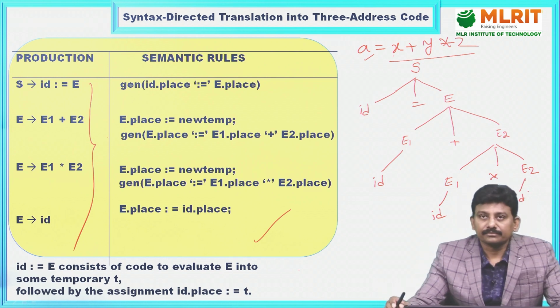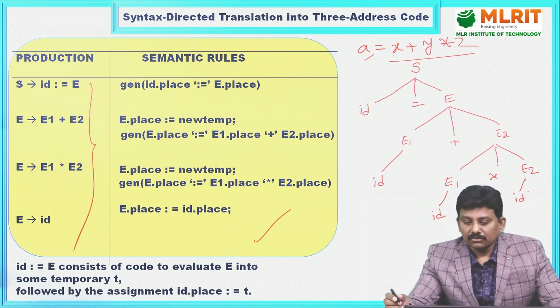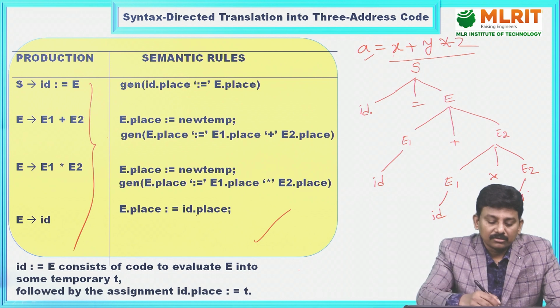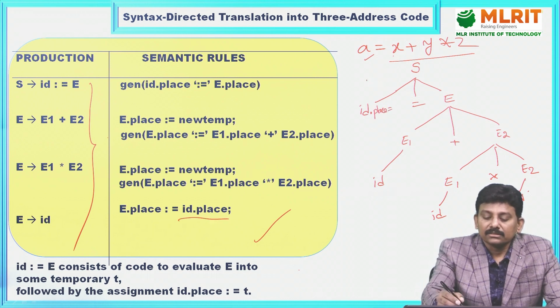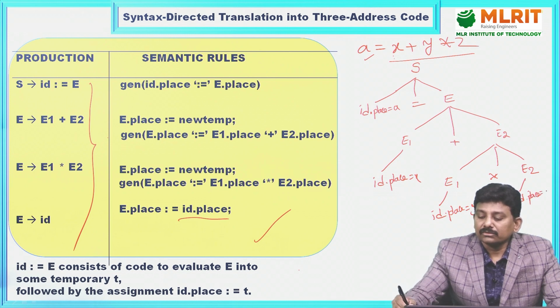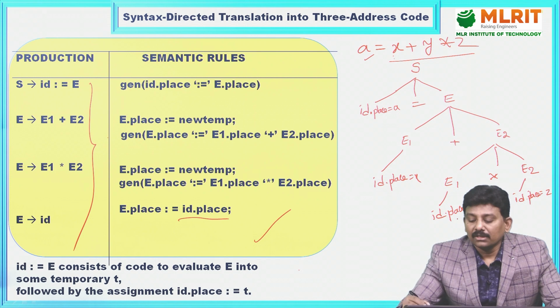So, first ID.place is the attribute that will contain the name of the identifier A. Next, ID.place = X, ID.place = Y, ID.place = Z. So, the place attribute will contain the name of the identifier.